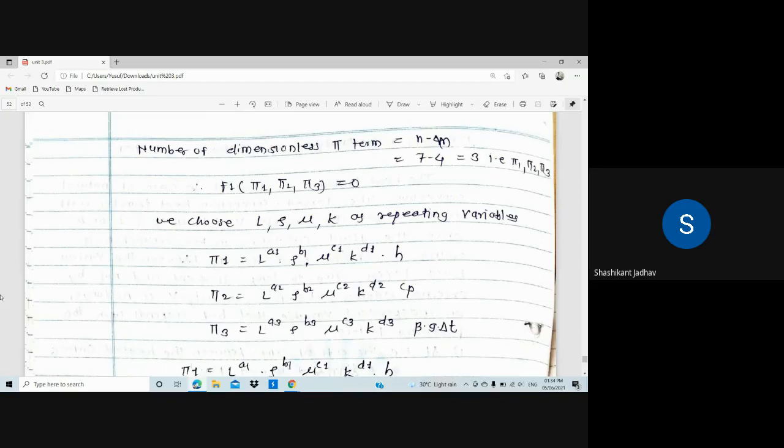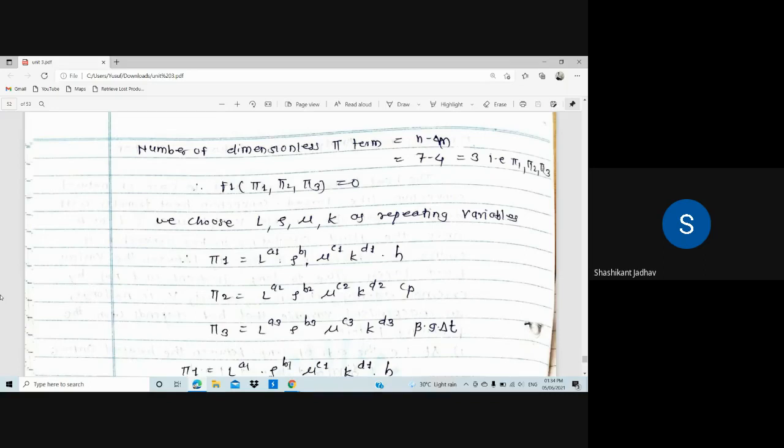So what is our equation? F1 of pi 1, pi 2, pi 3 is equal to 0. Okay, then we have to select the repeating variables. As we know, we first select the geometric property, then the flow property, and then the fluid property. So L, rho, mu, and then K as repeating variables.